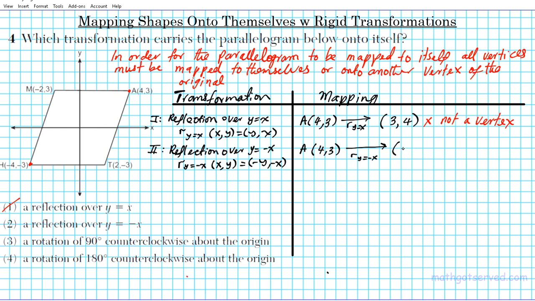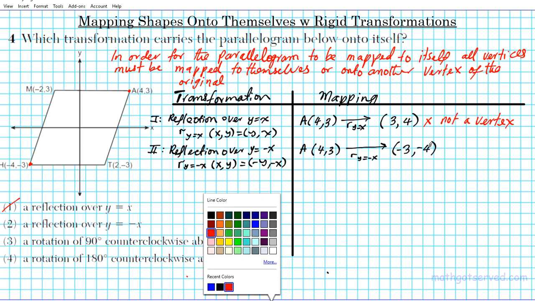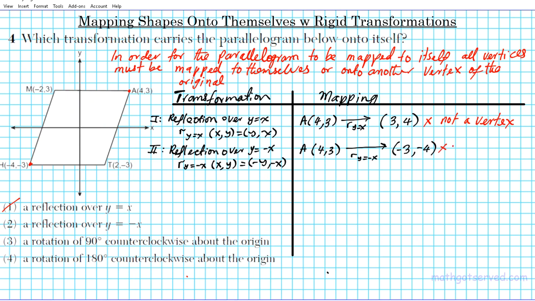It's not only going to interchange the coordinates, but it's going to negate them also. So this will be negative 3 and negative 4. Is this vertex present on this parallelogram right here? The answer is no. We have another fail. This point is not a vertex.